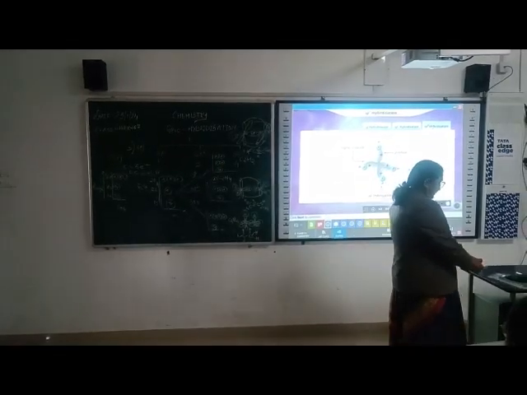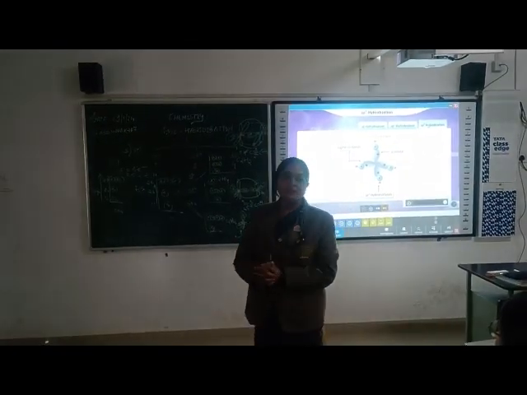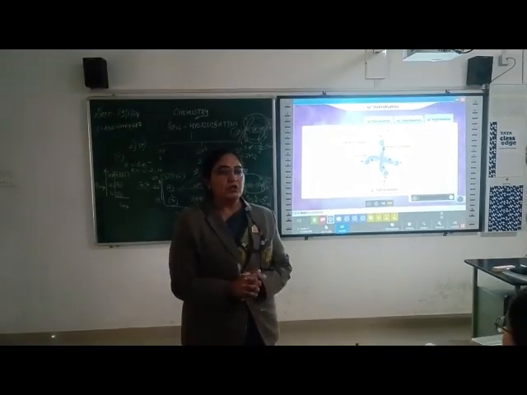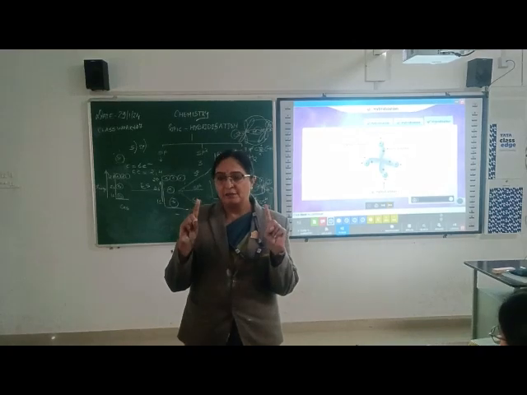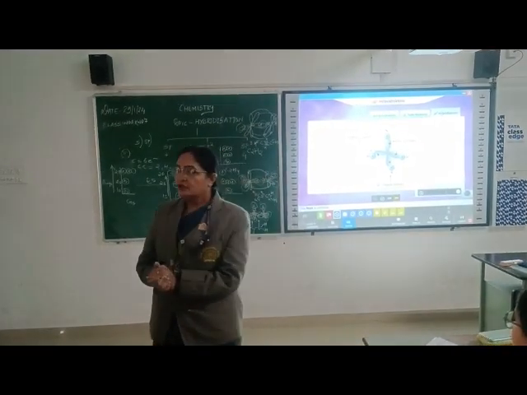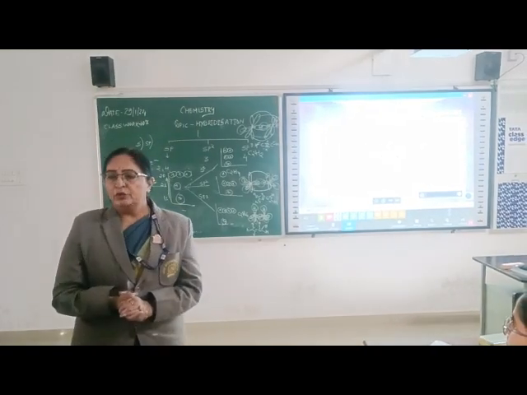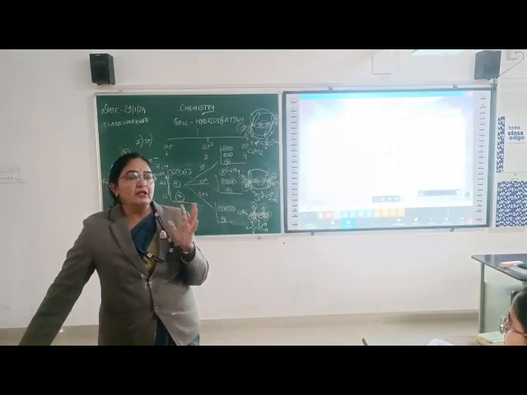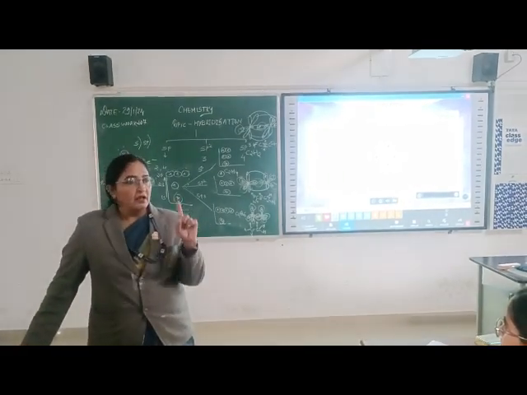Let's recap what we learned. Hybridization. What are the conditions essential for hybridization? Only valence shell orbitals participate in hybridization, and they should have similar shape and similar energy. During hybridization, it is not essential that only half-filled orbitals take part.